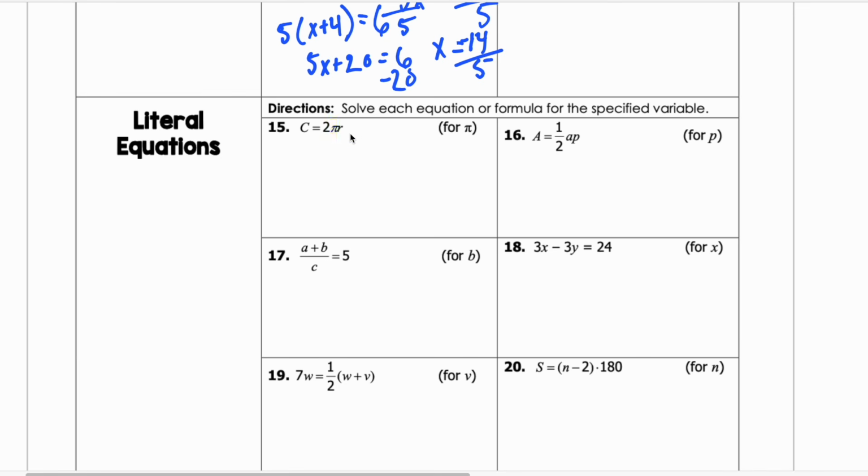How do we get my 2 and my r to the other side? Well, everything's being multiplied in this case, so we would divide to do the inverse operation, right? I'm going to divide both sides by 2 and r. In this case, this cancels out the 2, and this cancels out our r. So now I have c over 2r equals pi, and I'm done.